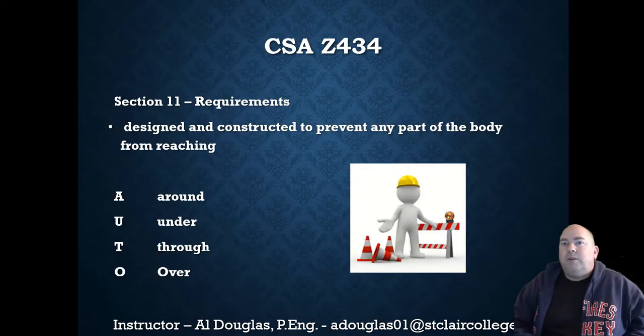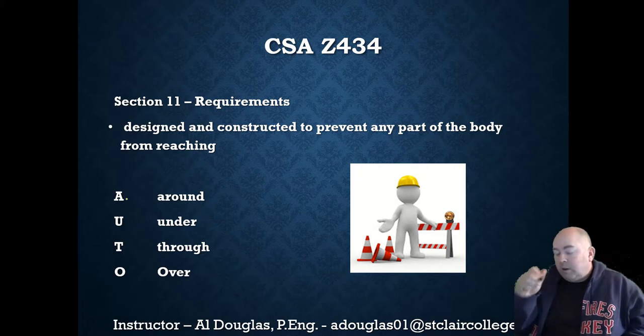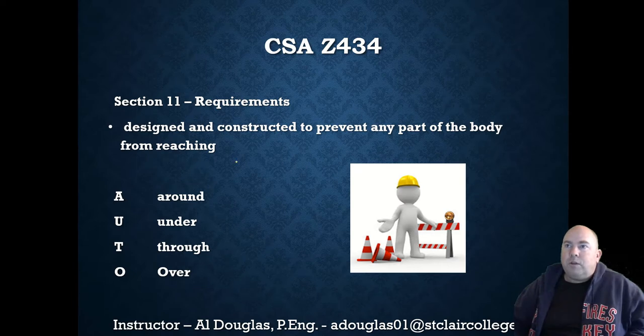Section 11 deals with some other requirements. Design and construct to prevent any part of the body from reaching. So you need to protect your fences and your perimeter guarding so that someone can't go around, under, through, or over them.